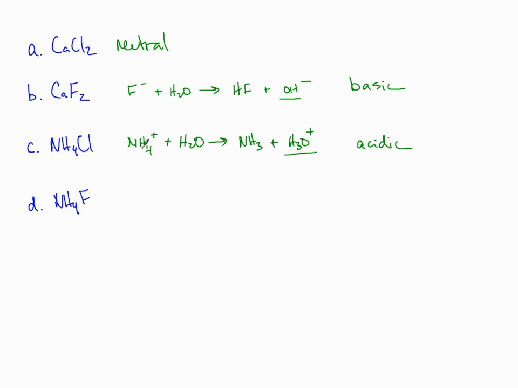So let's look at ammonium. Its Ka, which we found, was 5.6 times 10 to the minus 10. And for fluoride, we found its Kb, and it was 1.4 times 10 to the minus 11.